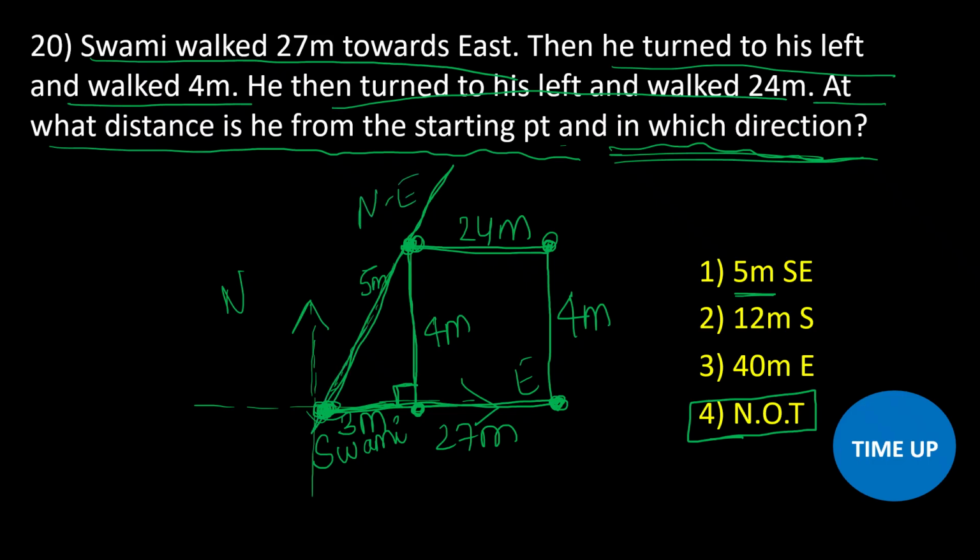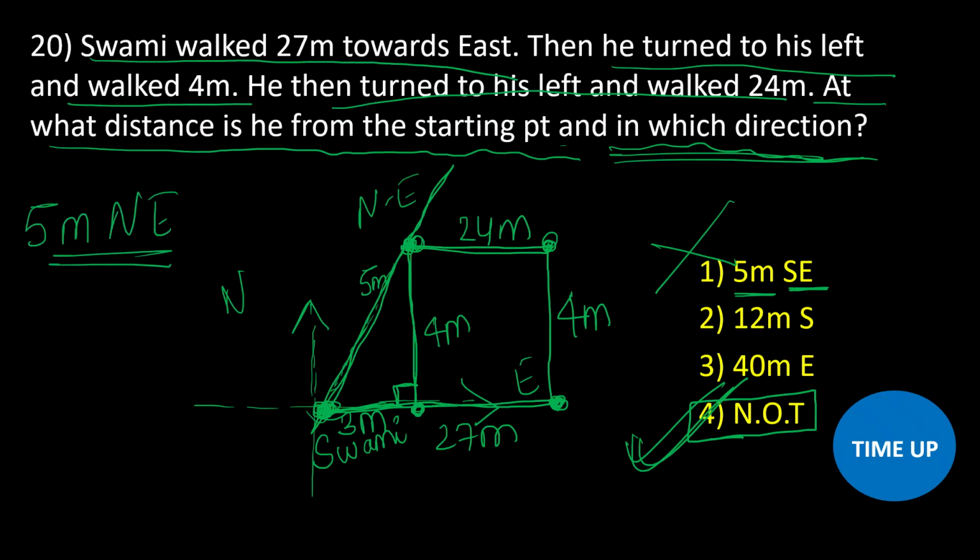So 5 meter, northeast direction. But here what they have given? Southeast. So option 1 will be wrong. So correct option will be none of this, because 5 meter northeast direction is your answer.